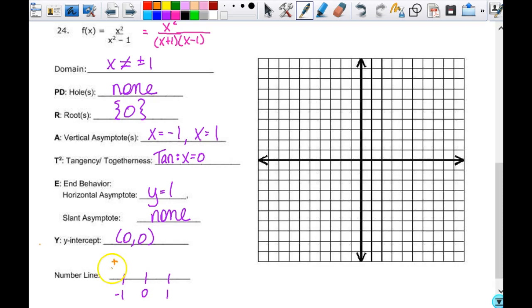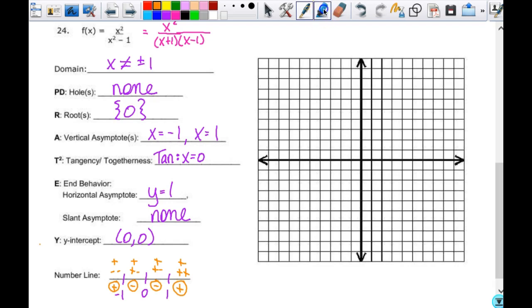But then a negative 2 would give me negative, negative, so overall that's positive. If I plug in a negative 1/2, again, the numerator is positive no matter what. Negative 1/2 would make this positive, negative. Positive 1/2: positive, positive, negative, negative. And then a 2 would be positive, positive, positive. So notice that this one did not alternate back and forth.